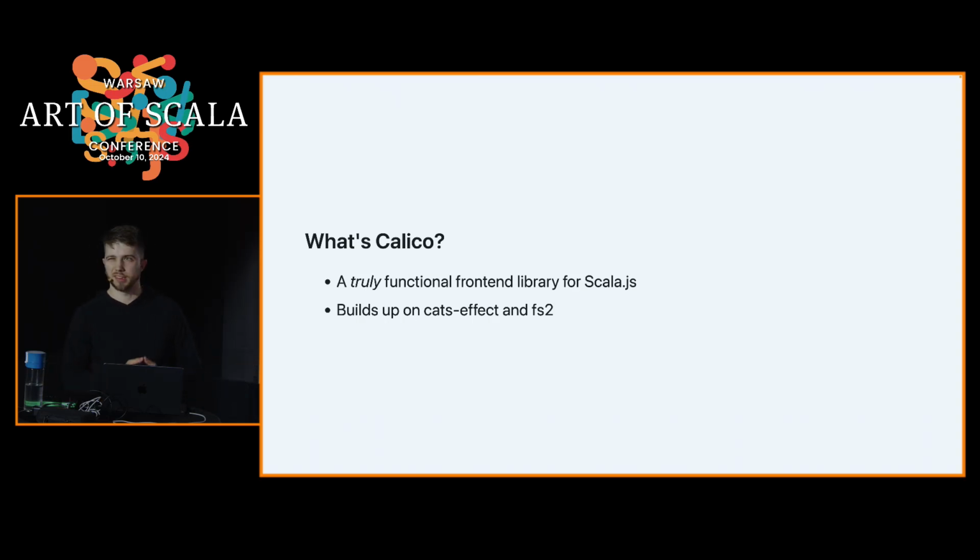Cats Effect is about 6 or 7 years old at this point. It just had a new major release in 2021, if I'm not mistaken. And it's a very stable ecosystem at the moment. So because this builds up on those libraries, you can benefit from all the greatness, all the tools that people have built, all the libraries in that ecosystem as well.